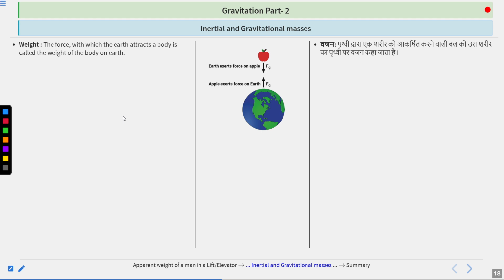Like you can say, if there is any person standing over here, this person is also being attracted by the earth towards its center. And the force the earth is applying to attract this person towards its center is actually the weight of this person. Okay, so weight is actually the measurement of the force of attraction the earth is employing to attract the person towards its center.